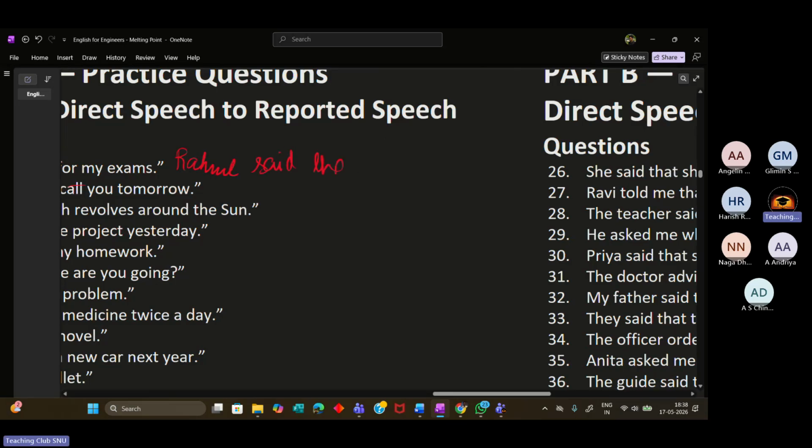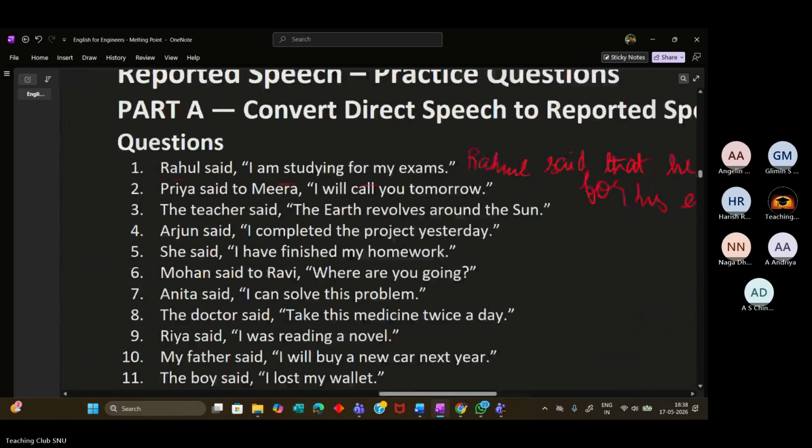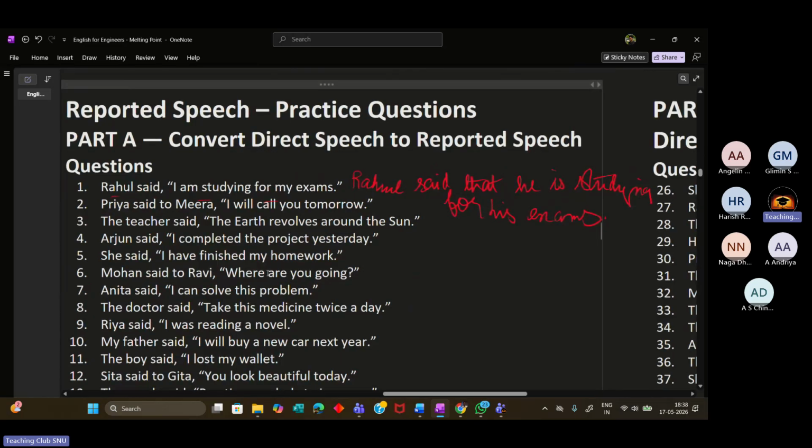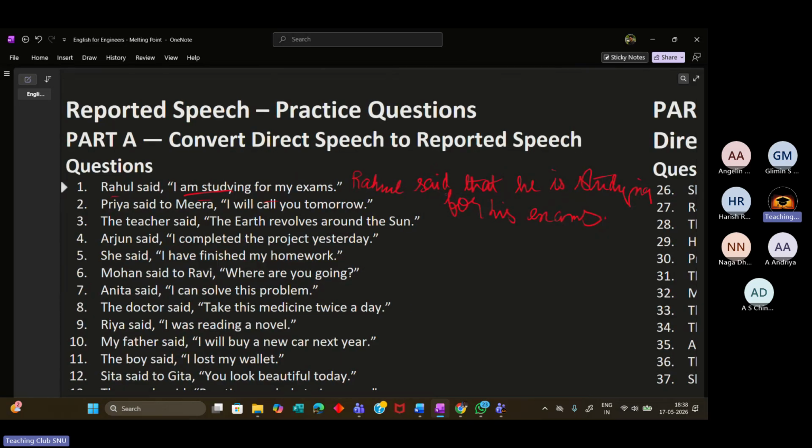Rahul said that he is studying for his exams. That's it. What else is there? We change the present to past tense, sorry, that was my bad.